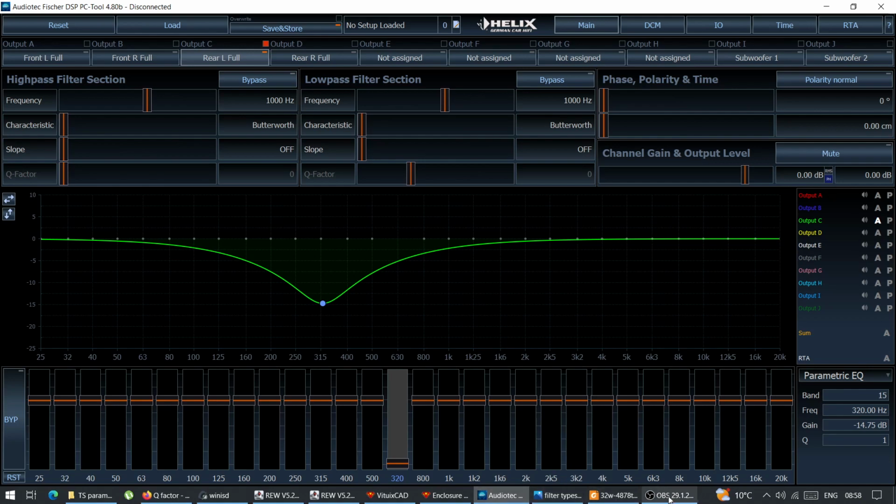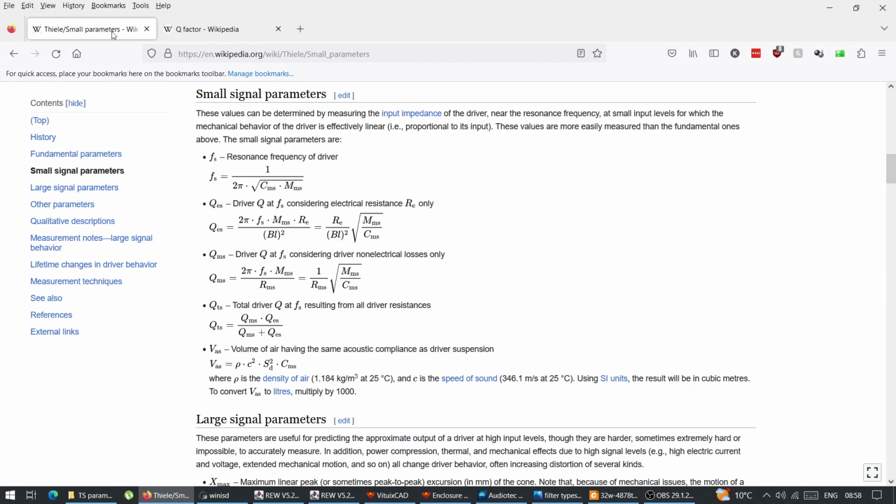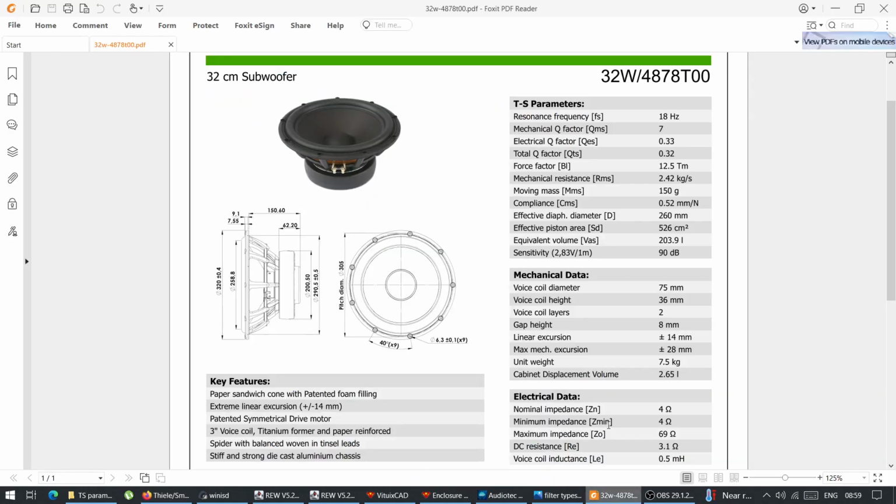Now let's go to the small signal parameters, Thiele-Small parameters. I'm going to try to do a video of all of them. And we're going to take this QTS. QTS is a parameter that any manufacturer will supply for any driver.